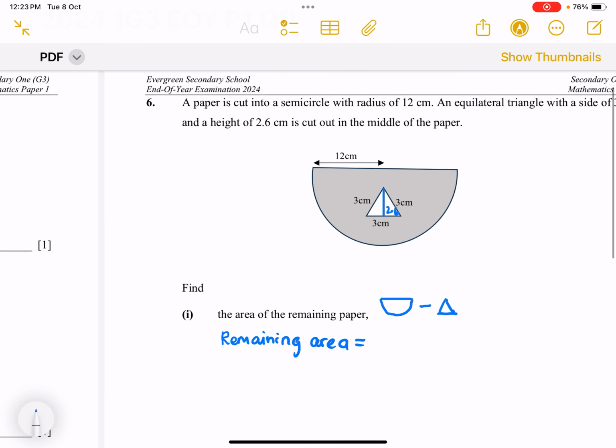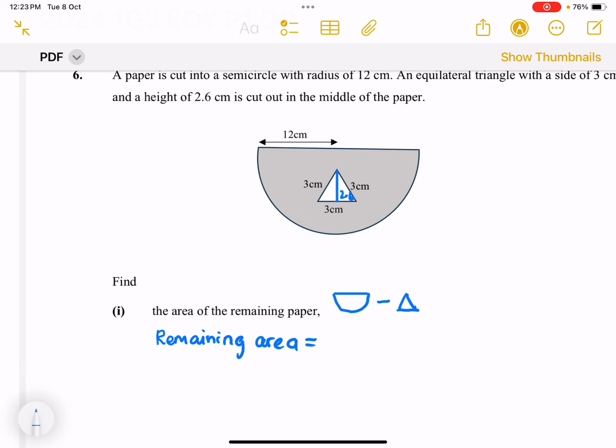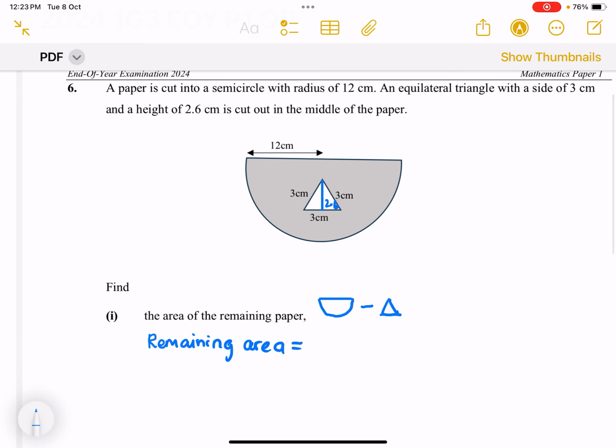The next sum is on area and perimeter. So this is a simple sum. Just be careful that we are taking the area of a semicircle, so there must be half pi r squared, and r is 12. Minus away the area of the triangle, and the height of the triangle is 2.6.